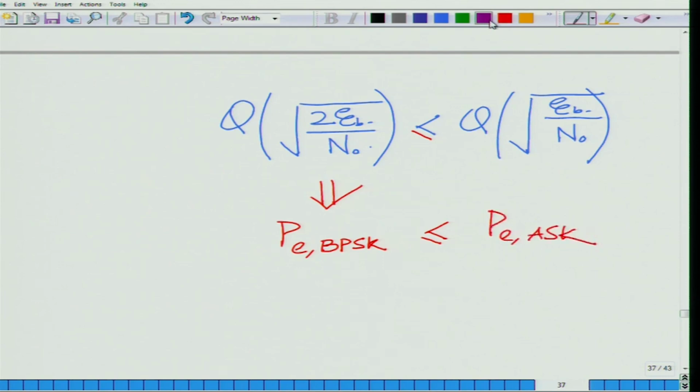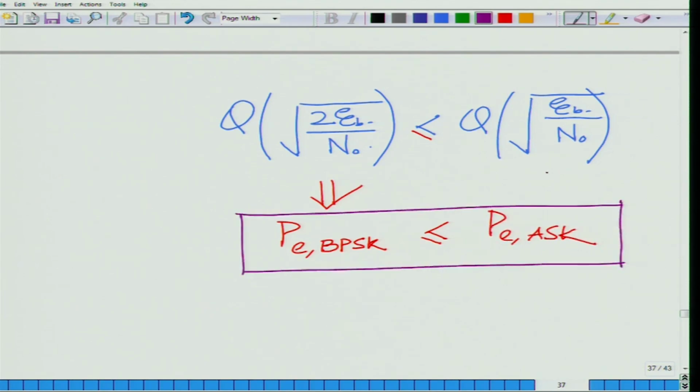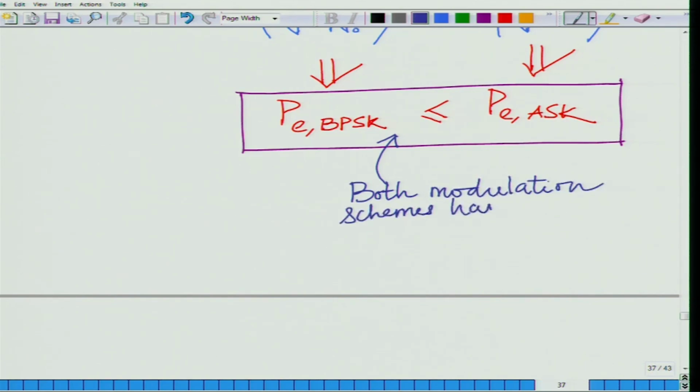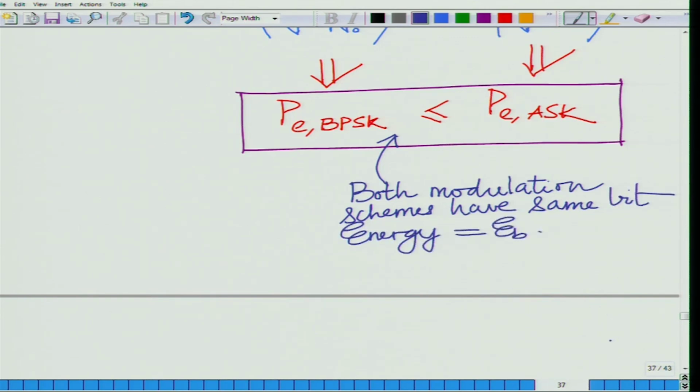This is an important result, and remember, this is a fair comparison because we are comparing it for the same bit energy. The important consideration here is that both modulation schemes have the same bit energy equal to EB.